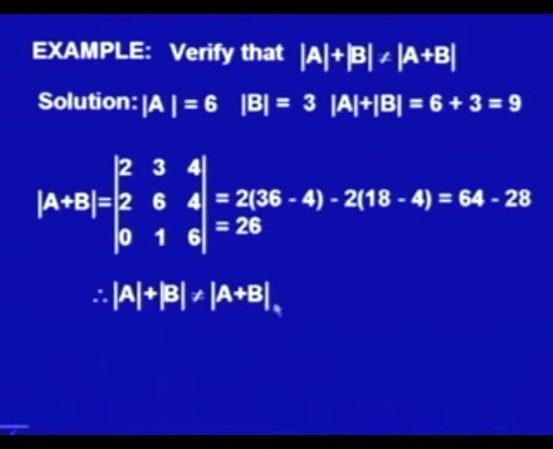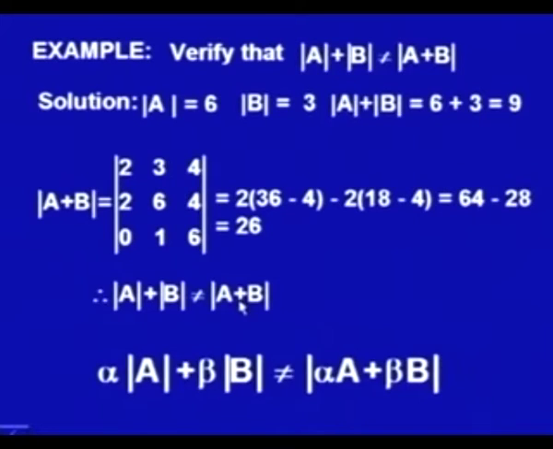In fact, if we have to add, and if some rows or some columns are identical except one particular row, then we have the result given by the earlier theorem. If we generalize this, then determinant of alpha A plus beta B is not equal to alpha determinant A plus beta determinant B. Actually, it is very surprising that this result does not hold for addition.